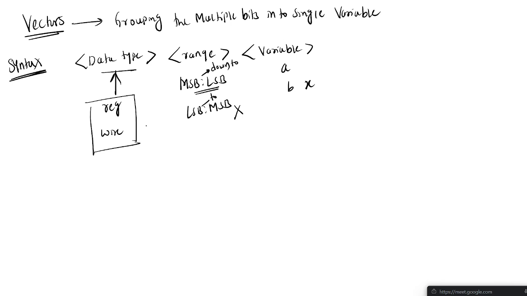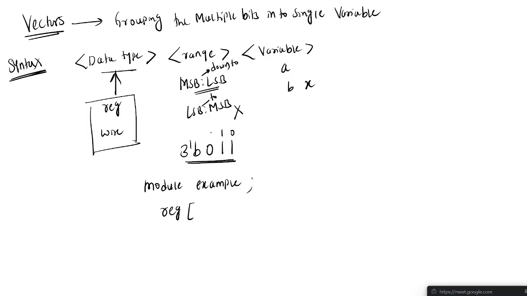Suppose you want to store 3'b011. How to write the example? Module example, and I am declaring reg. How many bits?